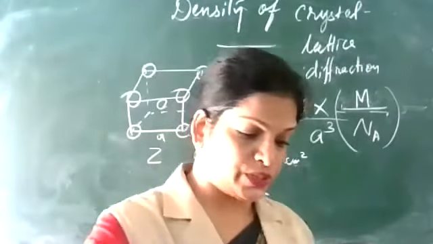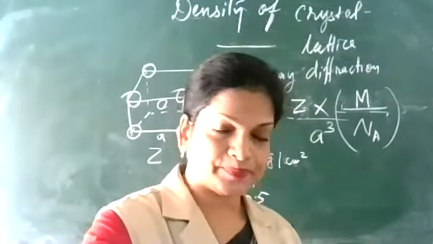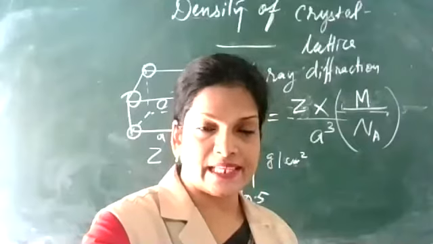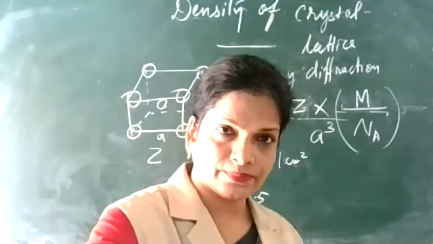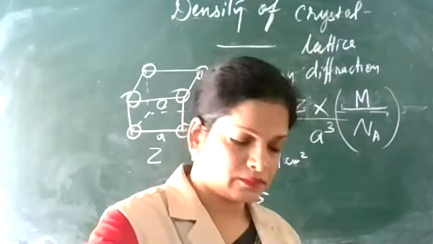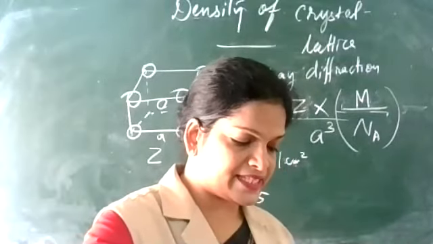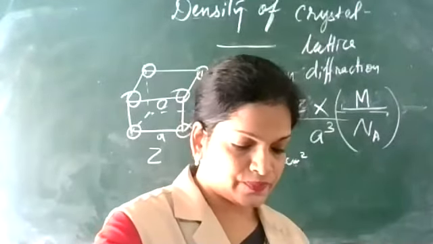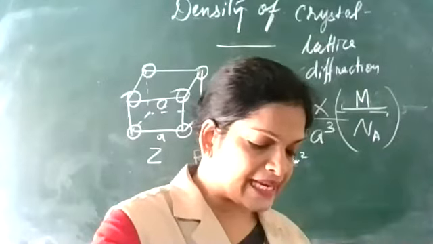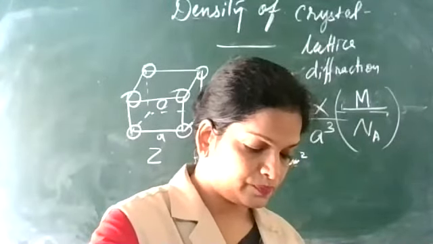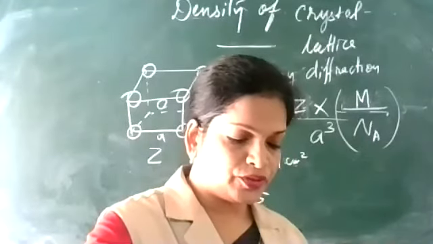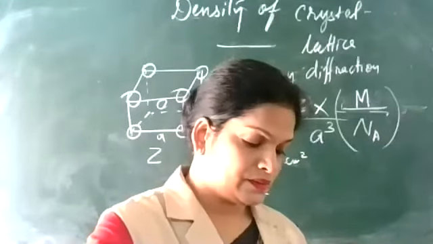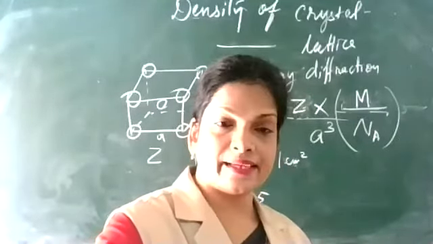X-ray diffraction studies show that copper crystallizes in FCC unit cell with a cell edge of 3.608 into 10 to the power minus 8 centimeter.